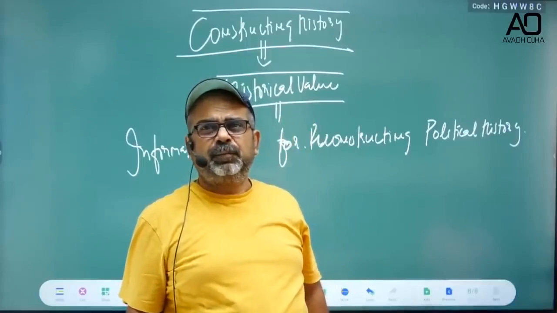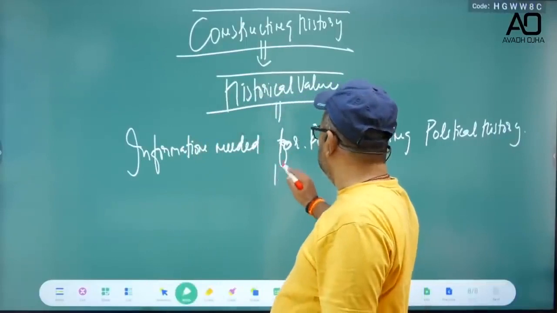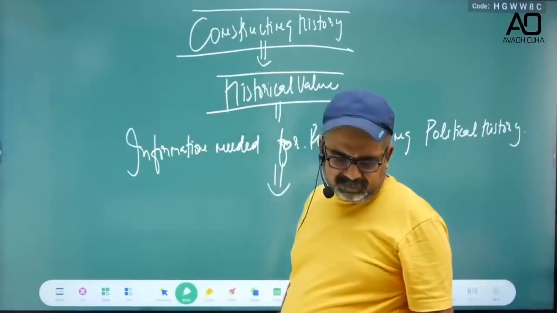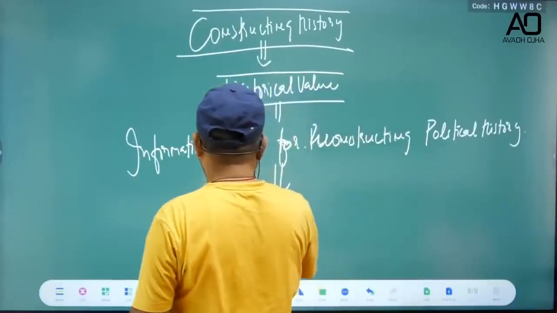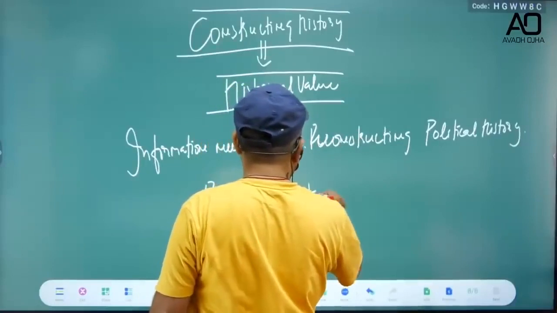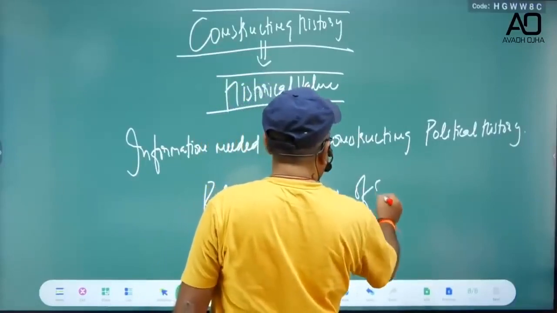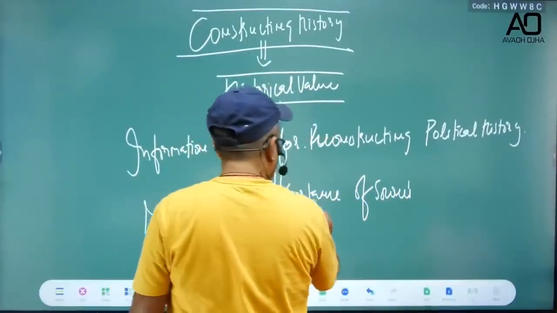Then what we should do? What is the challenge? The biggest challenge is relative importance of sources. So what we do?